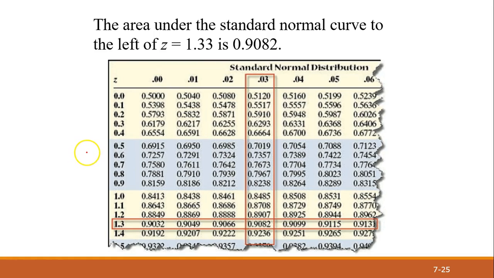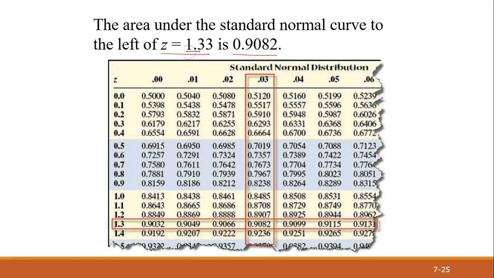Here's how you use the z-table that you have in the back of your book. It says the area under the standard normal curve to the left of z equals 1.33 is 0.9082, and this is how you find it.